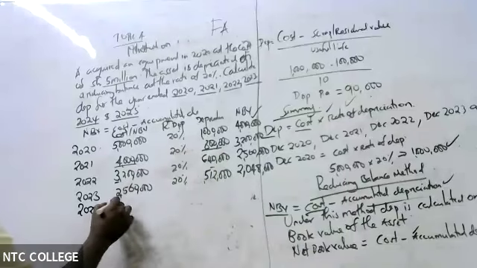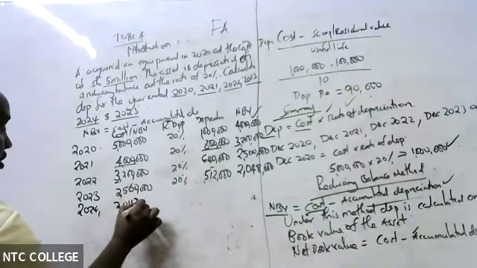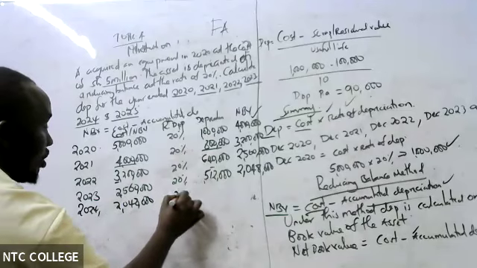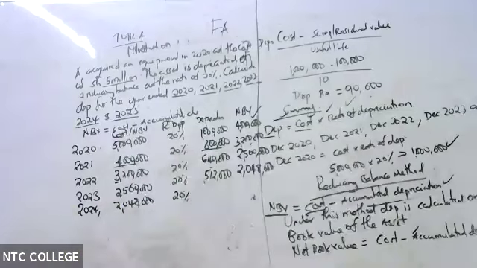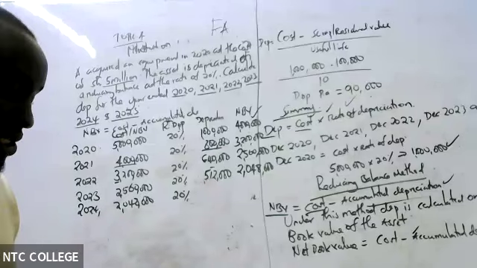In 2024, the net value is now 2,048,000 times 20%. So what is 20% of that?